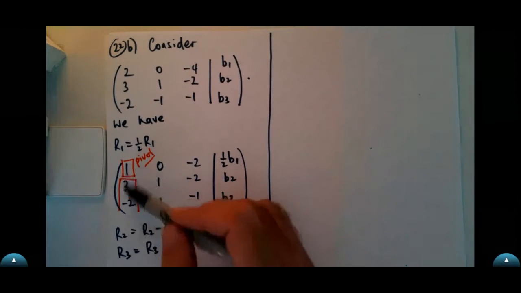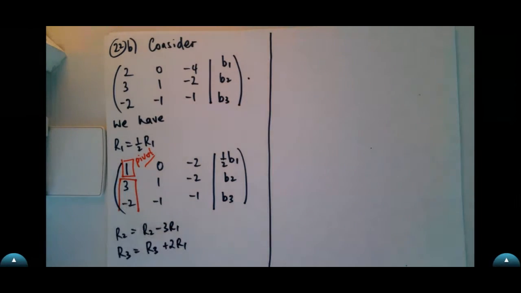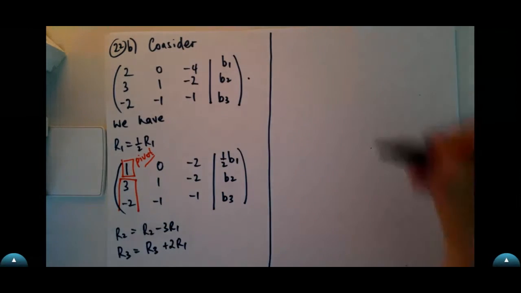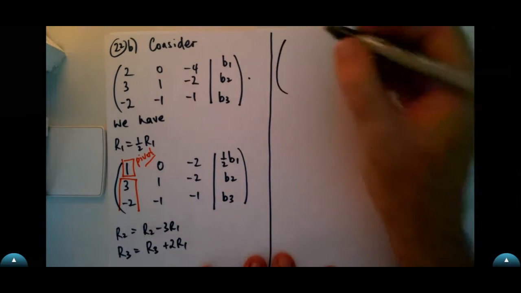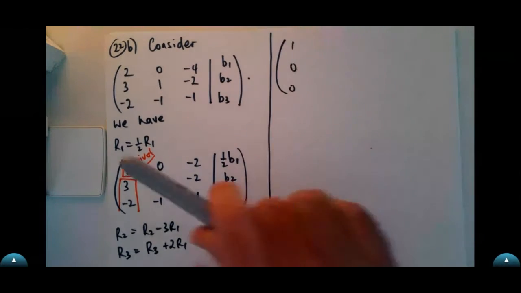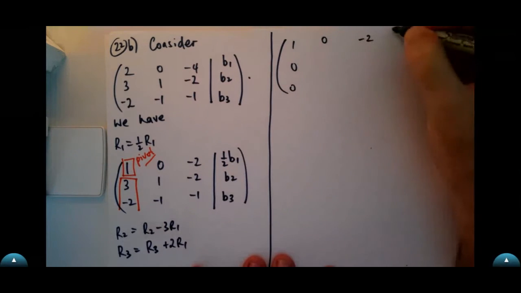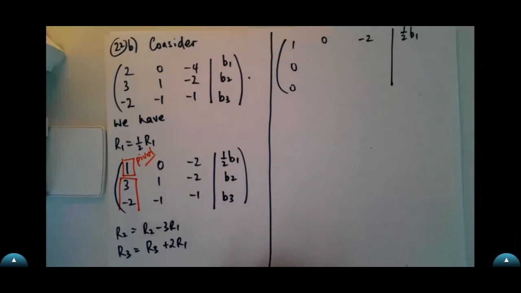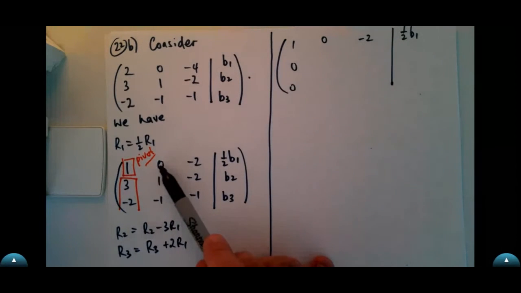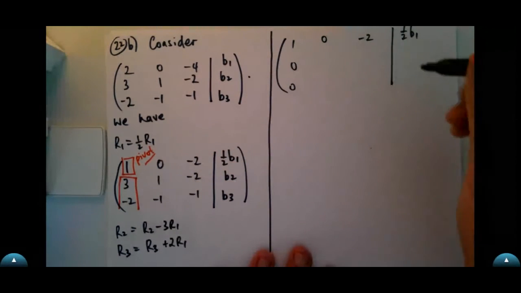Because that will force that to become 0, and that will force that to become 0. So let's see what we have here. I'm going to get 1, 0, 0. Row 1 does not change. We haven't done anything to row 1. Okay, and now that's a 0.